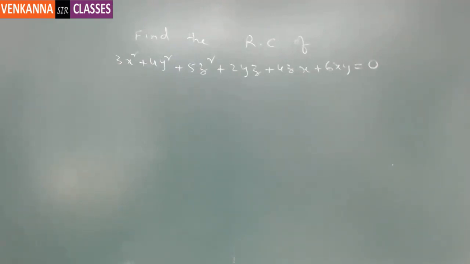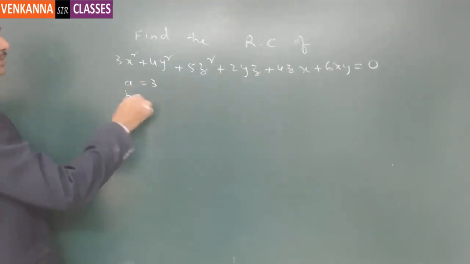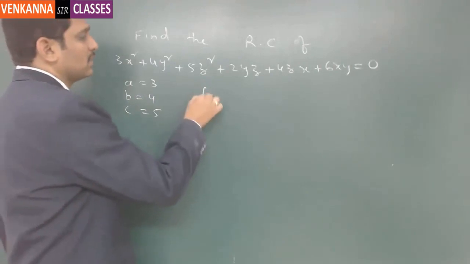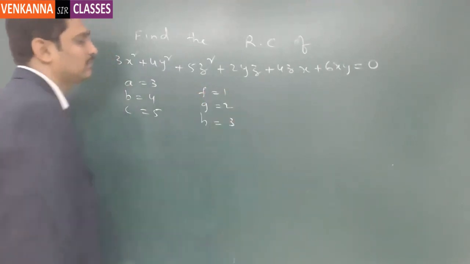Now, if you compare the given equation with the standard notation, you will have a is equal to 3, b is equal to 4, c is equal to 5, f is equal to 1, g is equal to 2, h is equal to 3.